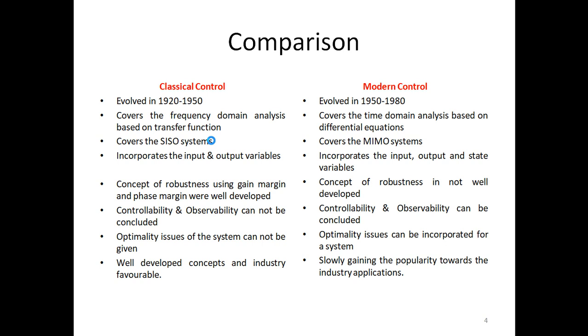Optimality issues of a system are not predictable in conventional control, while optimality issues can be incorporated by modern control theory. Classical control systems are highly evolved in industries, while the applications of modern control theory have shown slow gain in popularity in industries.